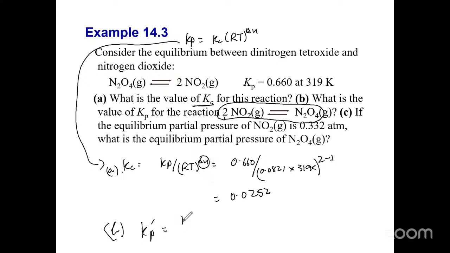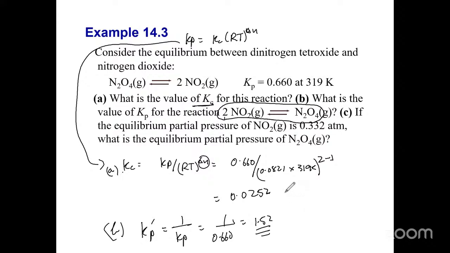If the equation is flipped, what happened to the K value? It's inverted, right? So that would be 1 over KP. So 1 over the KP value, 0.660. So 1 divided by 0.660, and the answer I got is 1.52. All right? So that's for the B part.